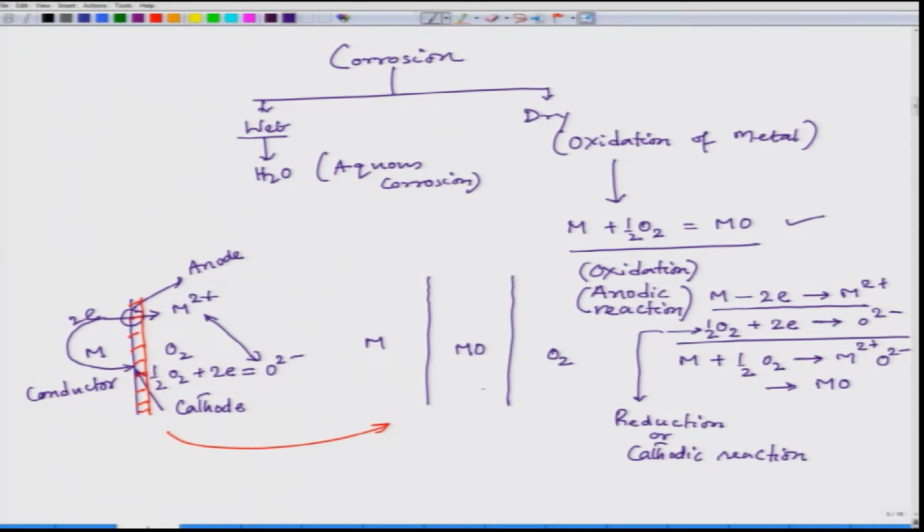Now, once we have this, the question is whether this reaction would continue or not. Still, if I consider metal ion is forming, 2 electrons are here, and these electrons can go somewhere around this metal object, because every metal part is basically acting as a conductor.